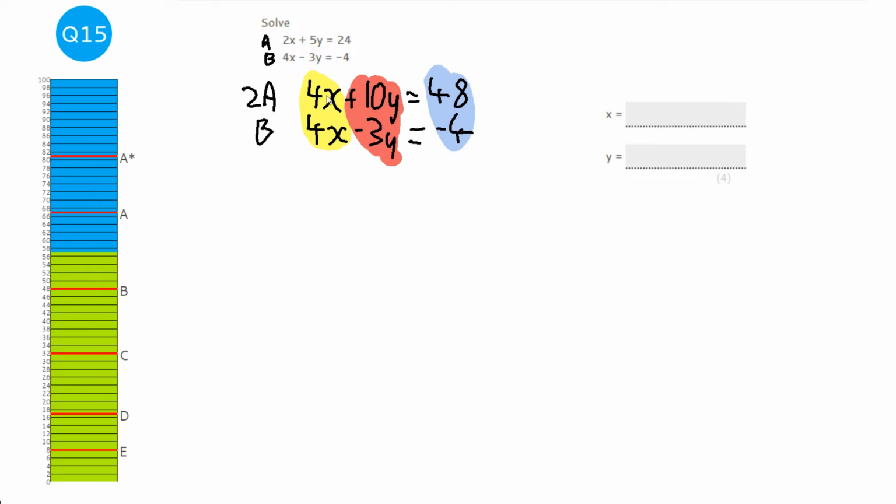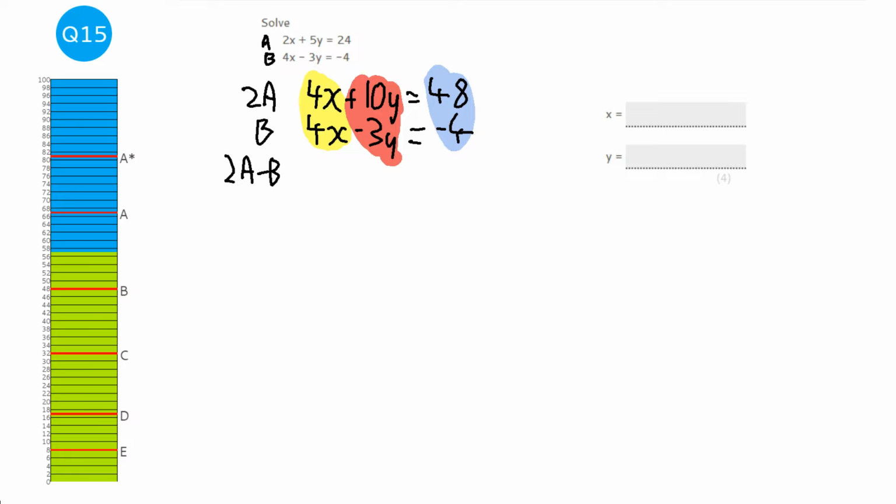Looking at the fact we've got a 4x here and a 4x here, if we add them we'll get 8x. Well, we don't want 8x, we want 0x, we want to get rid of it. So we're going to be taking away. Now, if they are the same sign, if they're both positive or both negative, you'll always take away. If they're different signs, then you add them. Okay, that's the rule. So we're doing 2a minus equation b.